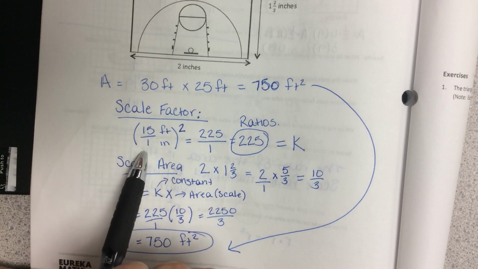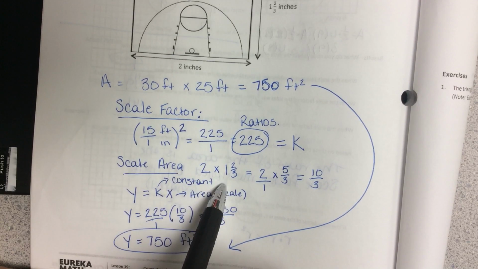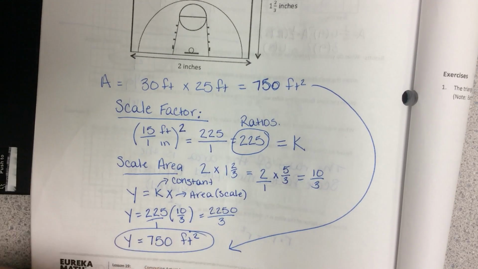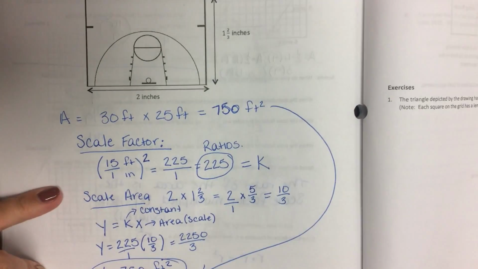All I needed to know was 15 to 1 and the area of my picture, and I would have gotten 750 feet anyway. I just needed to know how to set it up. Again, whichever way you're comfortable with, by all means, go with it. Okay?